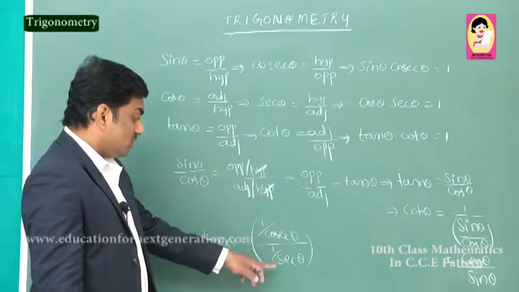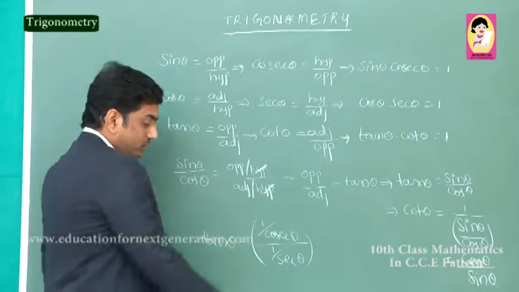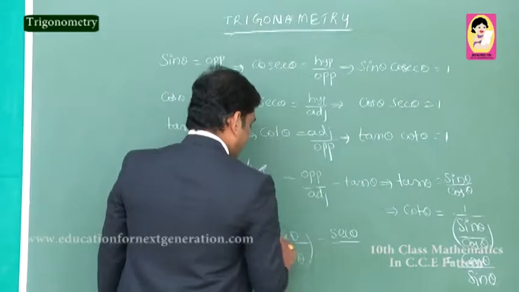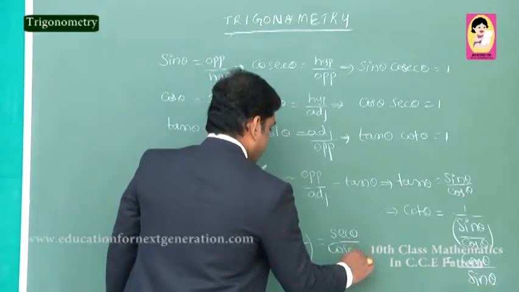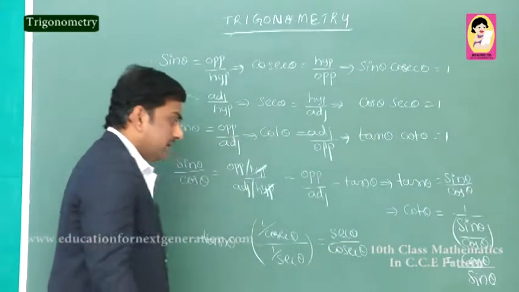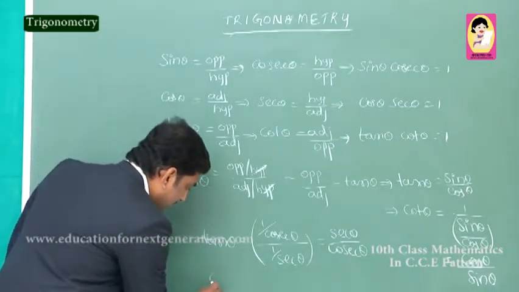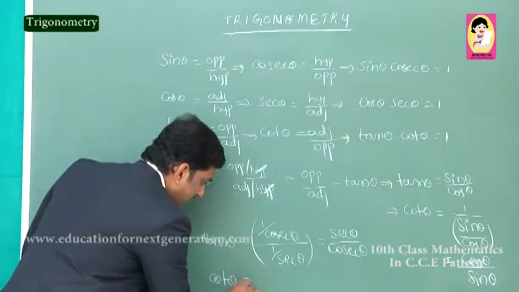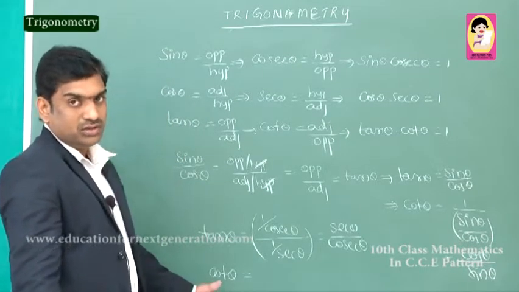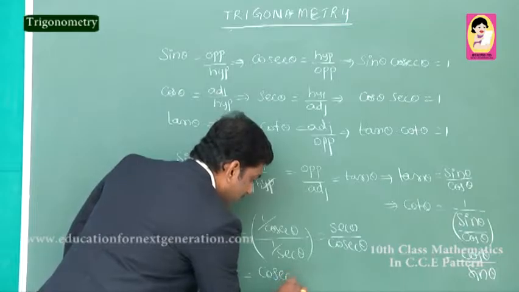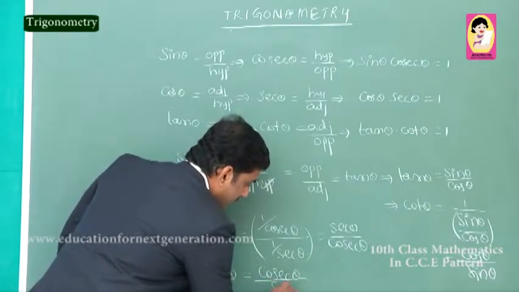So as we know, the denominator of the denominator becomes numerator. So here secant theta becomes numerator and the denominator is cosec theta. So tan theta is equal to secant theta by cosec theta. Similarly, cot theta, as we know, is the reciprocal of tan theta. So we can write cosec theta by sec theta.